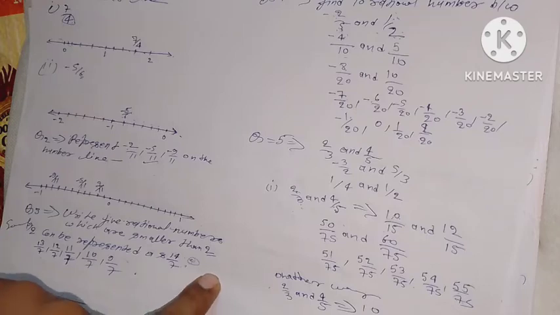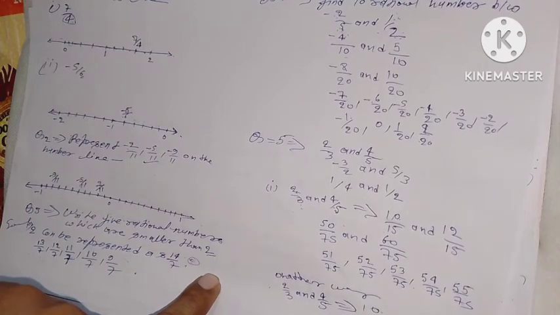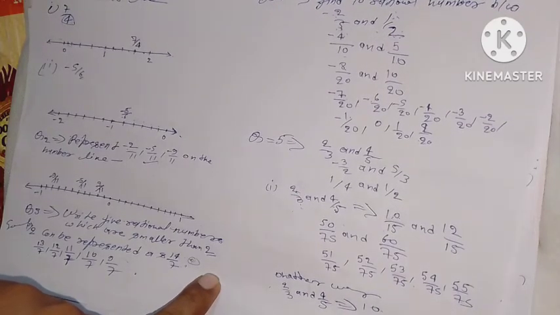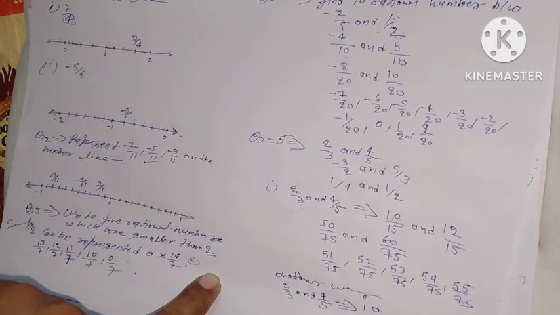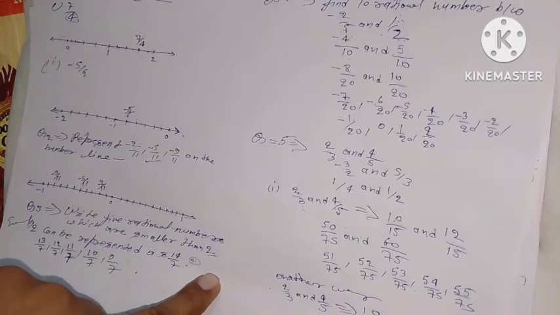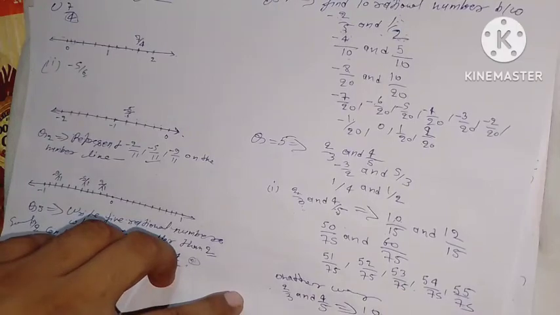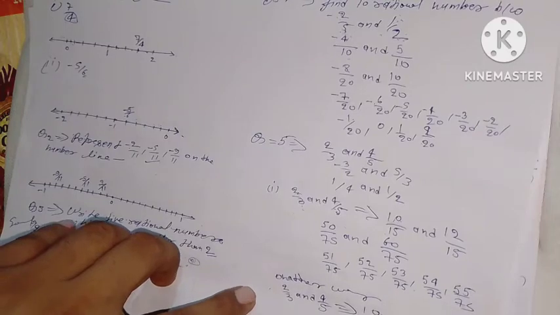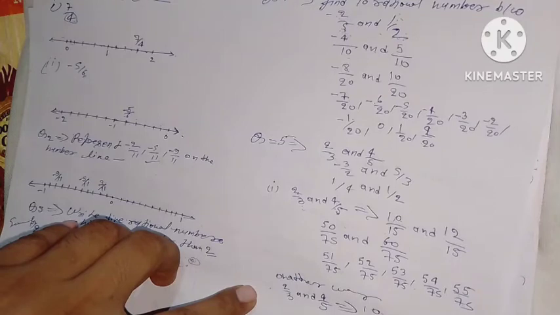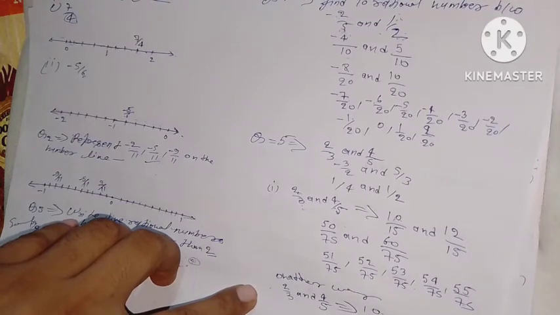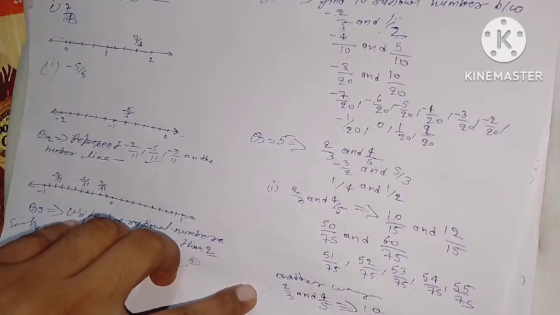We will multiply both by 3. Then 3 times 10 is 30 upon 15 times 3 is 45, and 3 times 12 is 36 upon 3 times 15 is 45. Then the rational numbers are 31 upon 45, 32 upon 45, 33 upon 45, 34 upon 45, 35 upon 45.